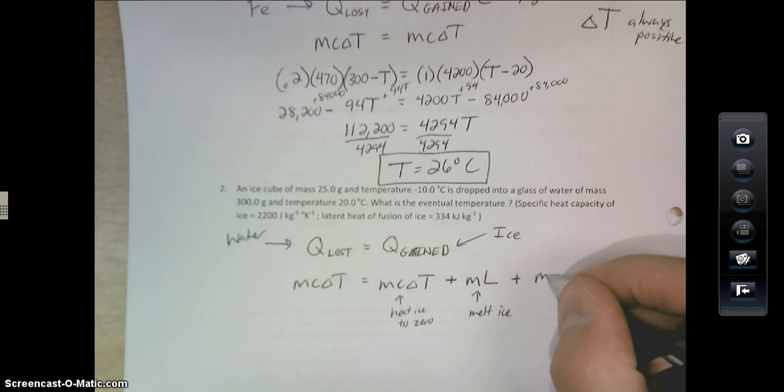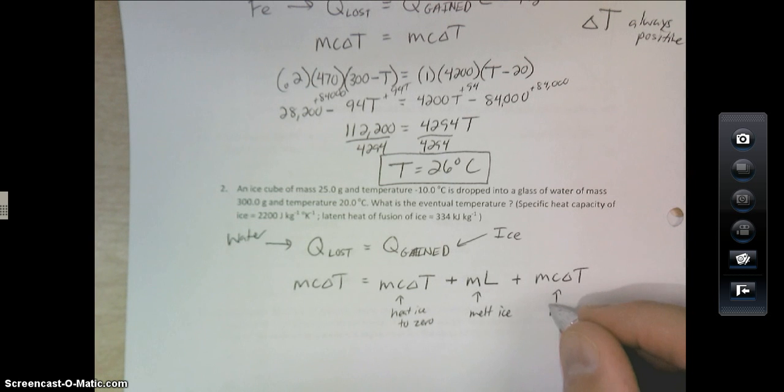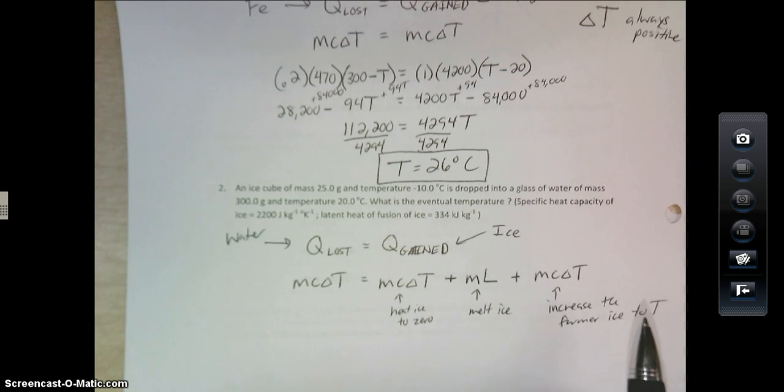So we're going to have to do another mcΔT, where this is to increase the former ice to some temperature. And the heat that is lost by the water when we put the ice cube in there is going to do all of this. So this is not too terrible.